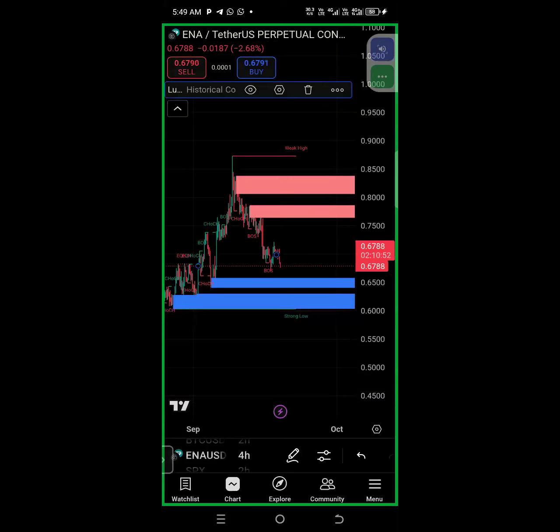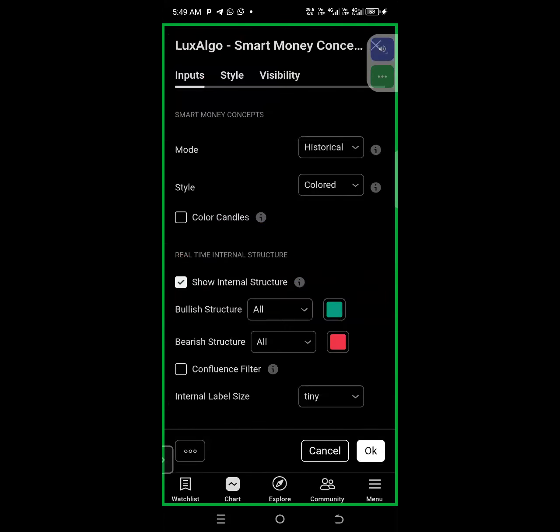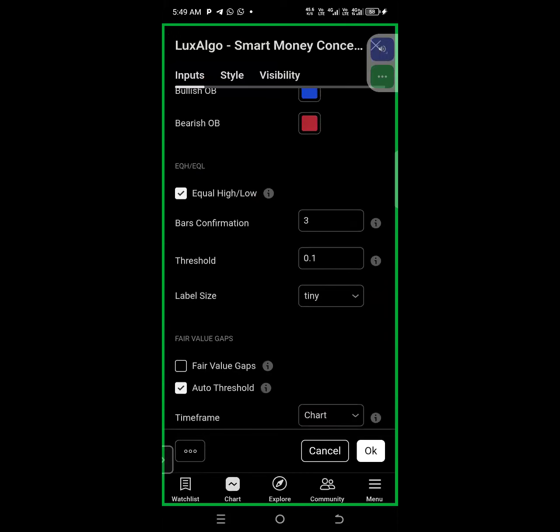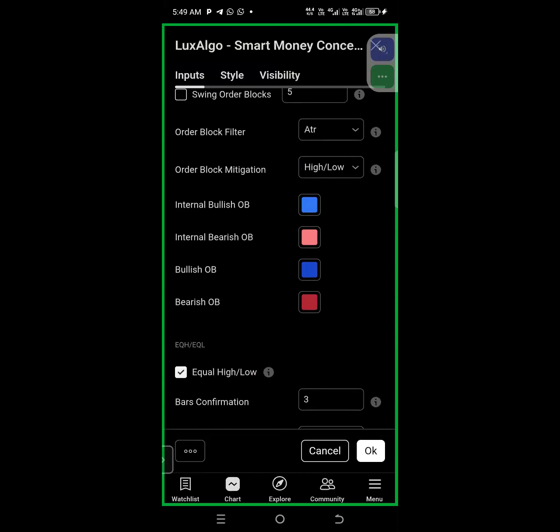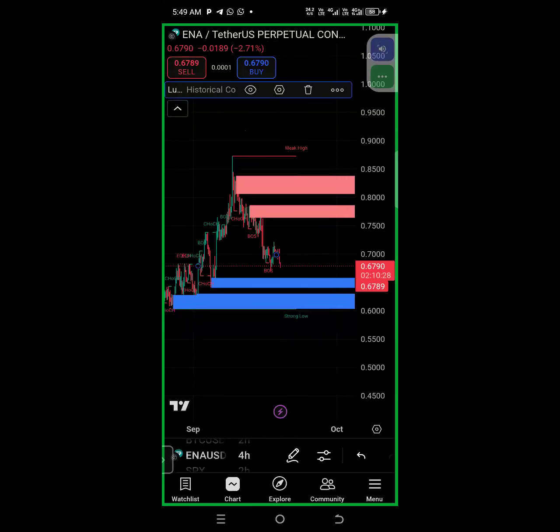Is this red, this light red or whatever that we are seeing? You just change it, right? That is internal bullish or internal bearish order block, right? And then also the deep blue represents internal bullish order block. So just come here. So this is the bullish order block.